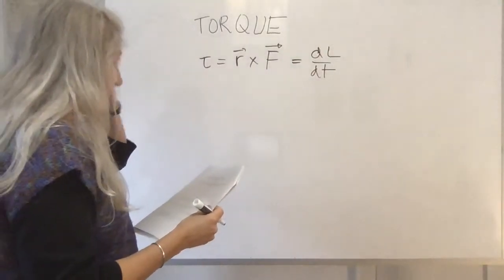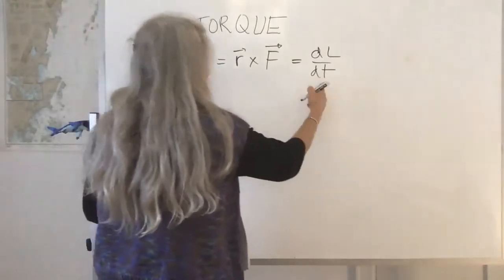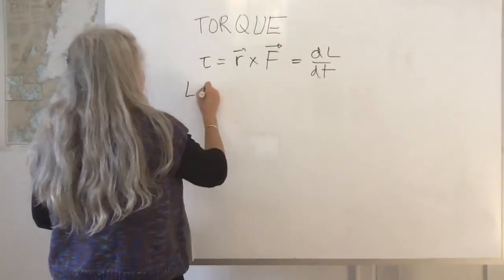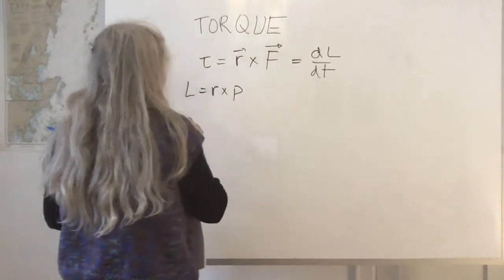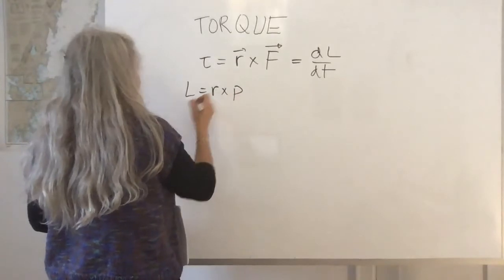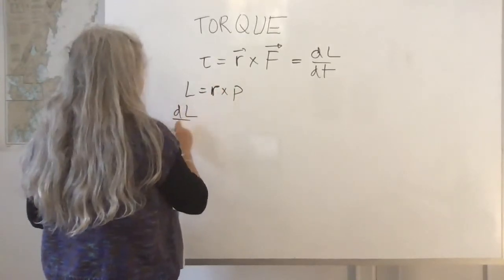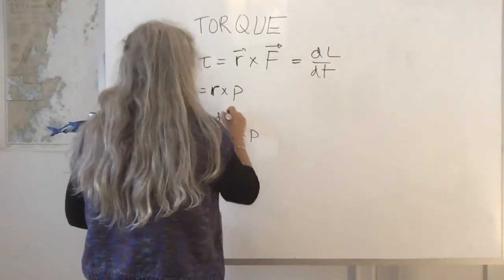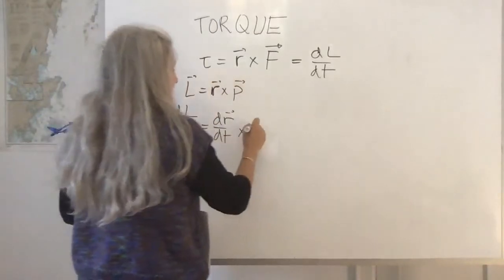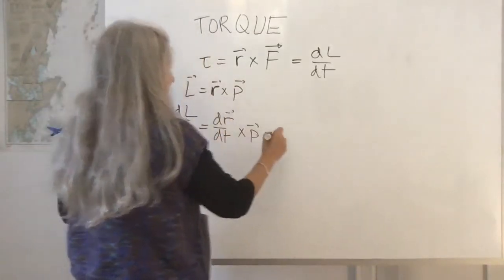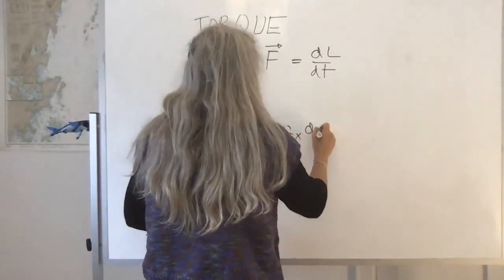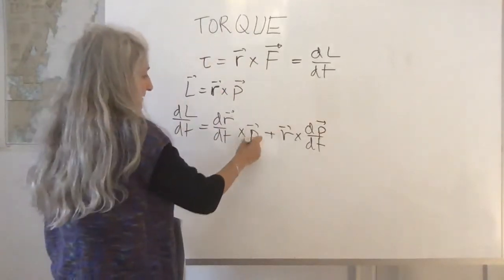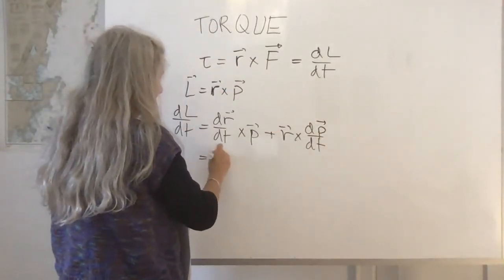So let's show that these are consistent. If I take L, which is R cross P, then I want to take the time derivative of both sides. So dL/dt is dR/dt cross P plus, using the chain rule, R cross dP/dt. Now dR/dt is actually v.